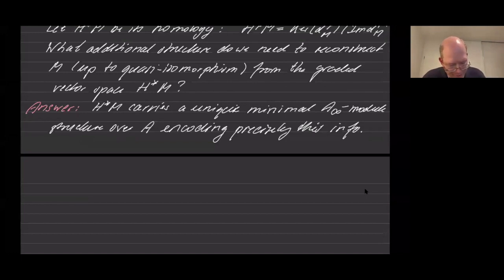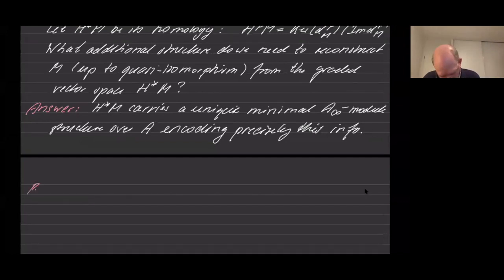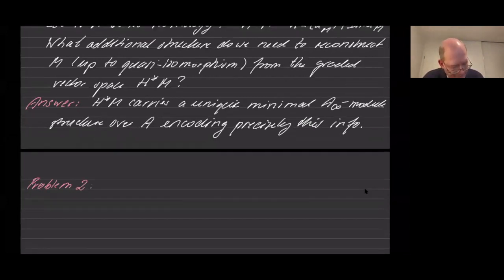Okay, and then there's a second fundamental problem, this time more at the level of algebras. Problem 2. Let us fix B, another algebra, again associative and unital.